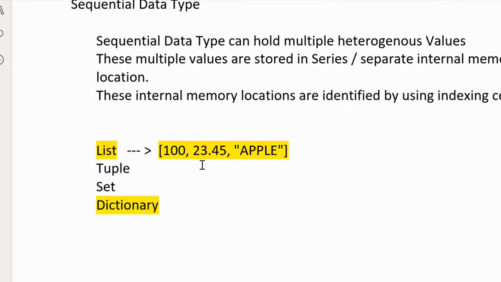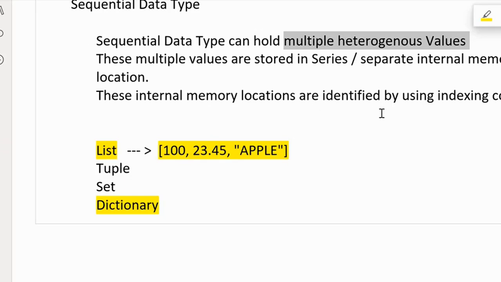When there are multiple values under one variable, they are stored in a series of internal memory locations. Once the memory locations are occupied in a series, how do we identify them? Using indexing. Just remember this point, that is enough.